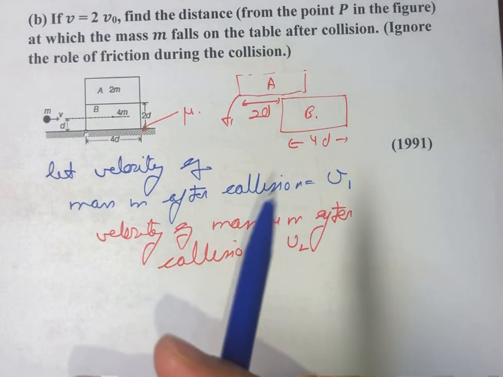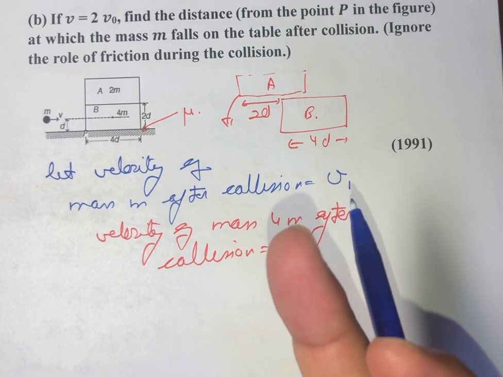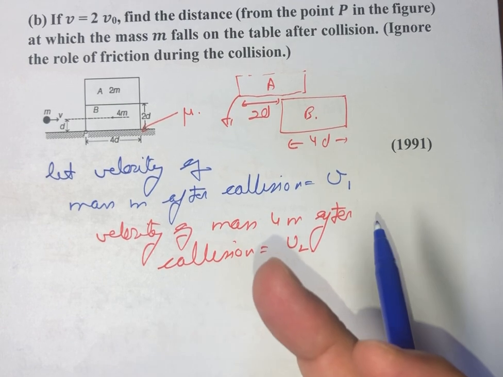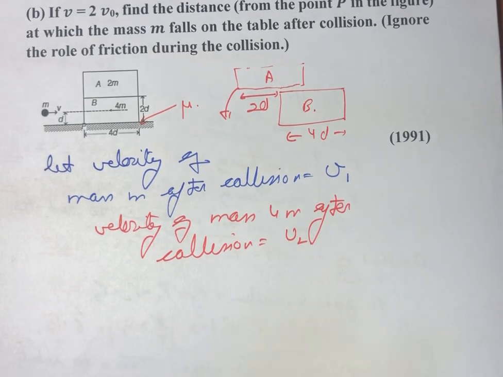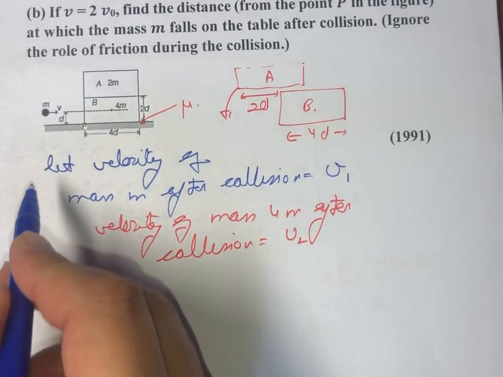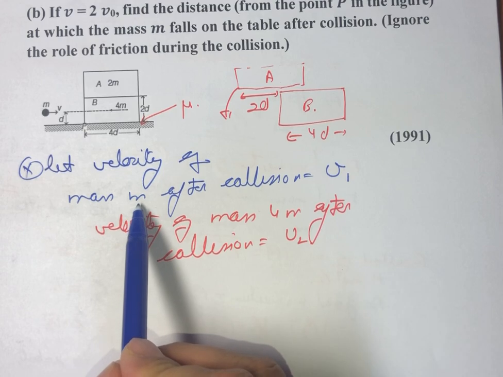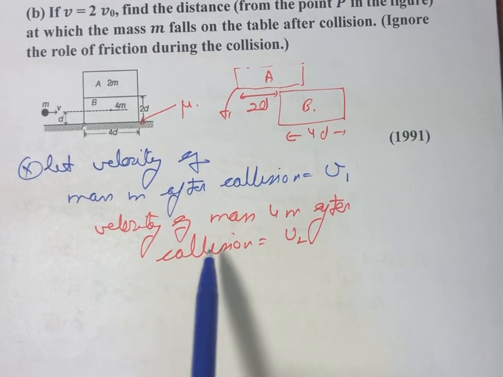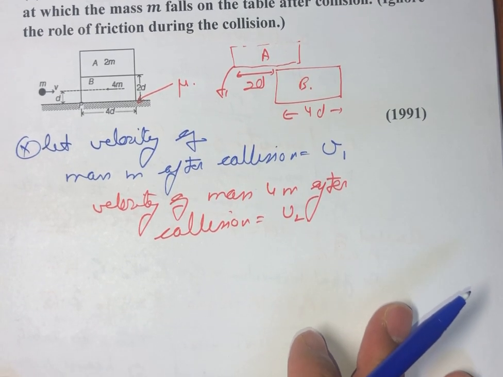So as the collision is elastic, it means momentum and kinetic energy are conserved, and the coefficient of restitution value of e will be equal to 1. So we assumed that after collision the small mass m is going to have velocity v1 and the mass 4m is going to have velocity v2.